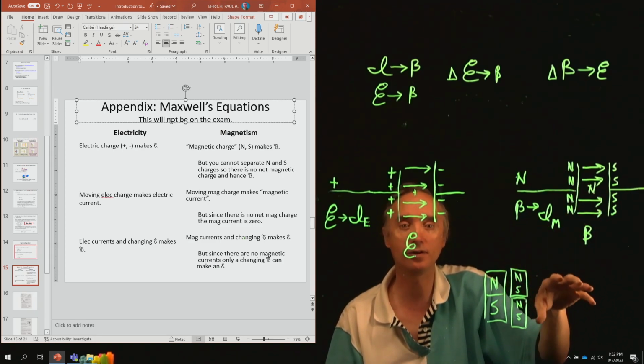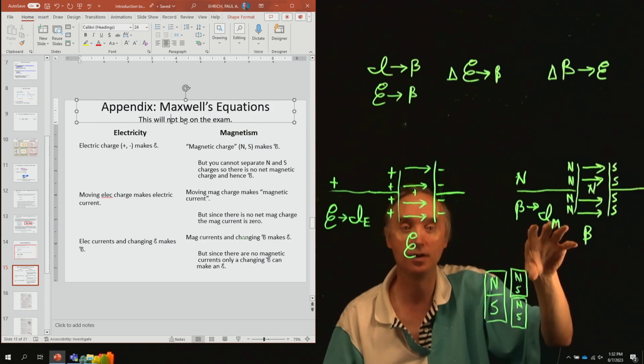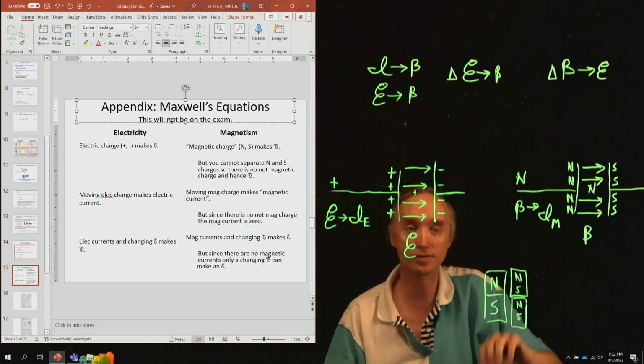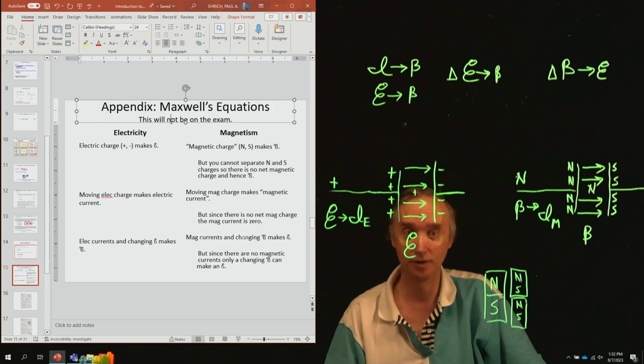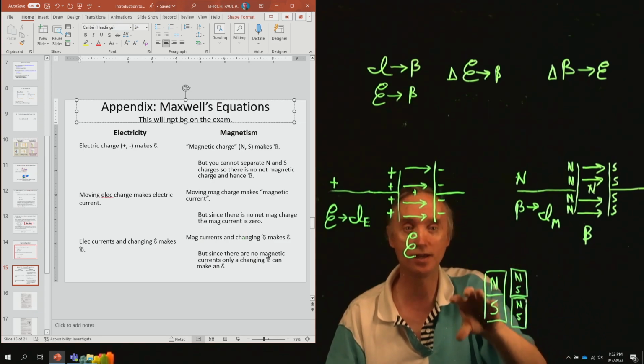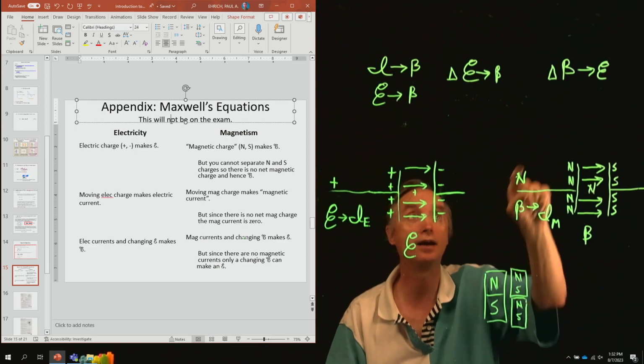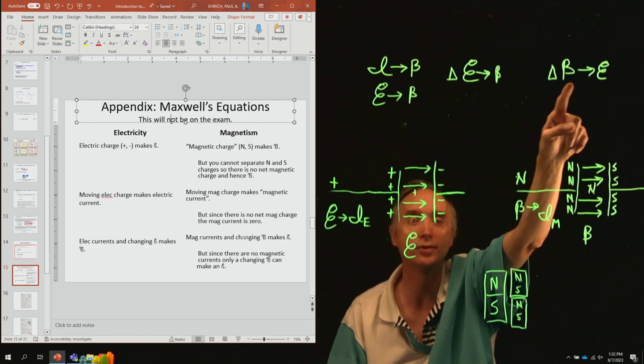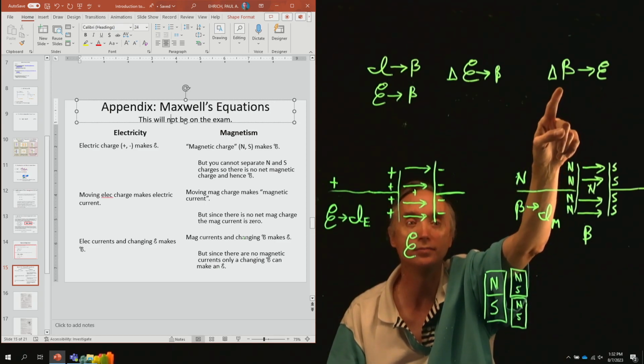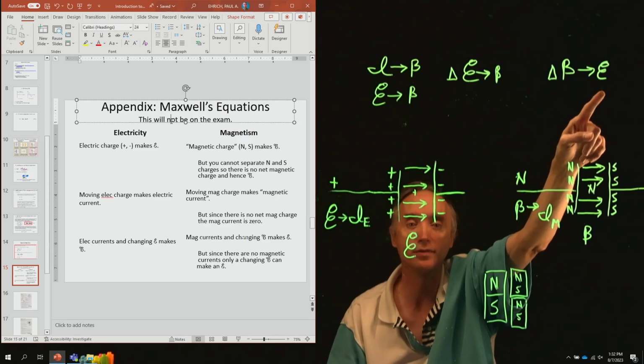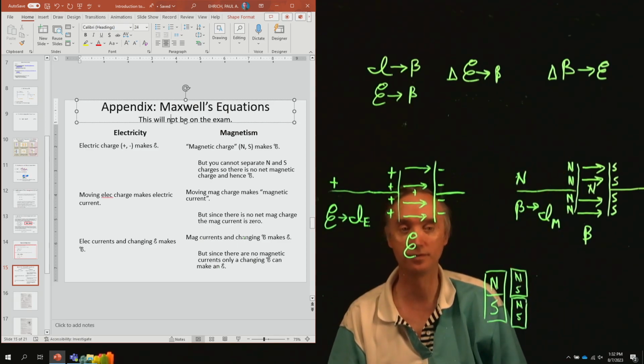Magnetic currents and changing magnetism make the electric field. But there's no such thing as a magnetic current, so that one doesn't work. But what about the changing magnetic field makes the electric field? Yeah, that one is true. So that's this one over here. A changing magnetic field makes the electric field.